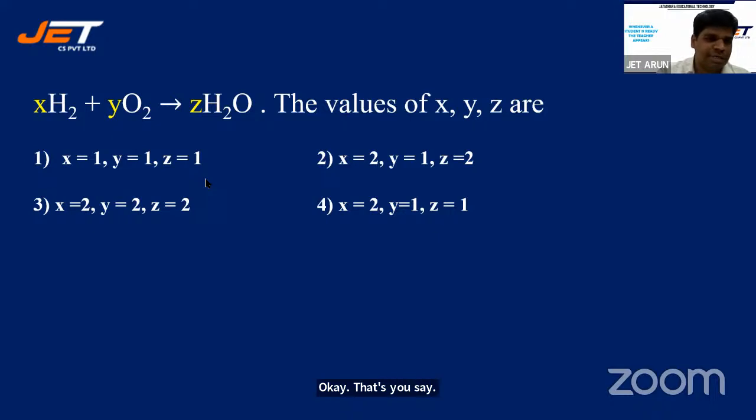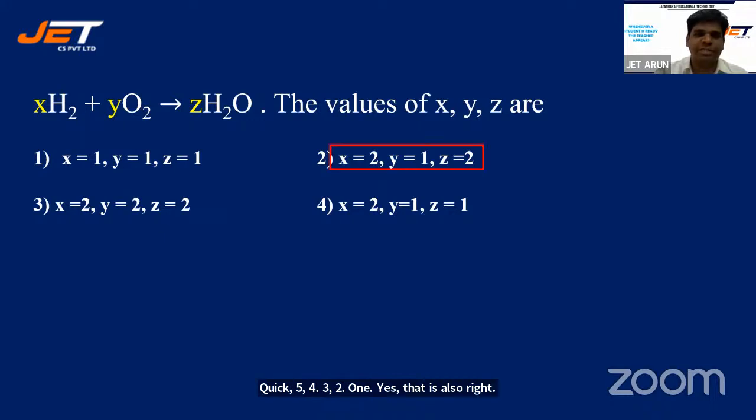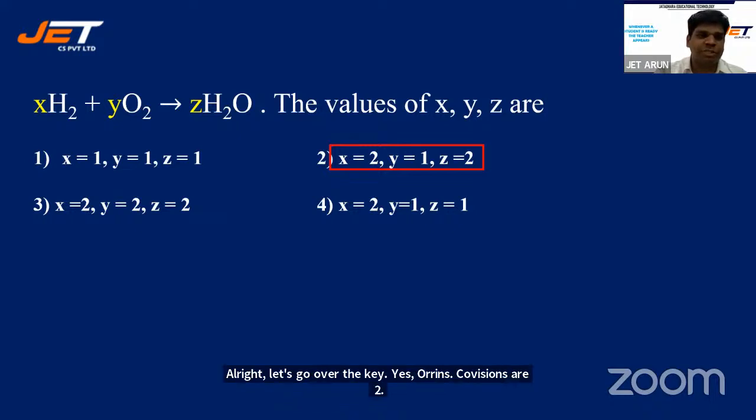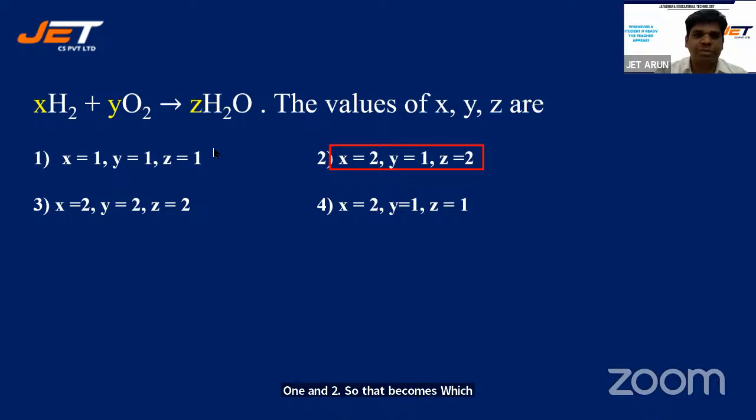Swapna is right. Okay, I'll give you 5 more seconds, students, because I'm not getting all the responses. I want 10 more students to respond. Quick. 5, 4, 3, 2, 1. Yes, Sunny is also right. Akhilesh is right. All right, let's go for the key. Yes, students, the stoichiometric coefficients are 2, 1, and 2. So that becomes 2H2 plus O2 gives rise to 2H2O.